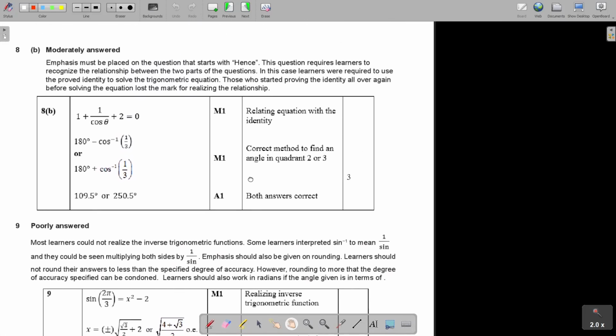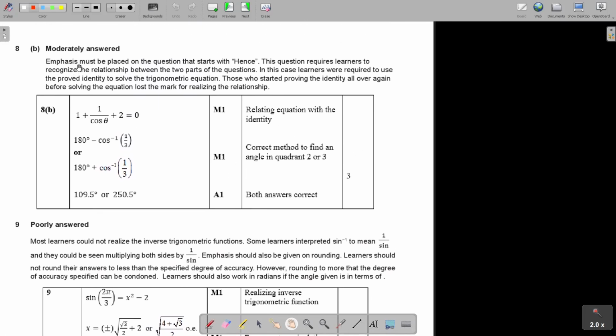Okay, so moderately answered. Emphasis must be placed on the equation that starts with "hence". That means the previous one must help you. The question requires learners to recognize the relationship between the two parts of the question. In this case, learners were required to use the proved identity to solve the trigonometric equation.